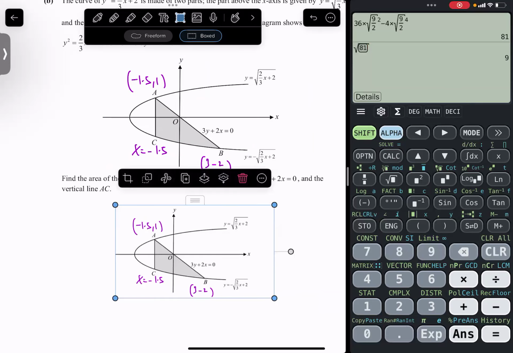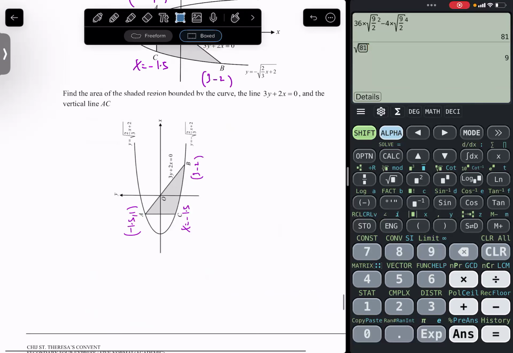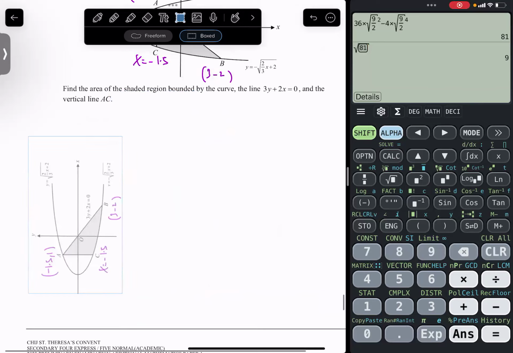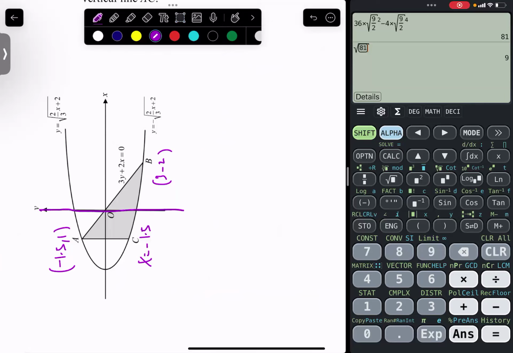Okay, so basically, we can look at it in such a position. Try to think of this as your new x-axis, and this as your new y-axis, sort of.